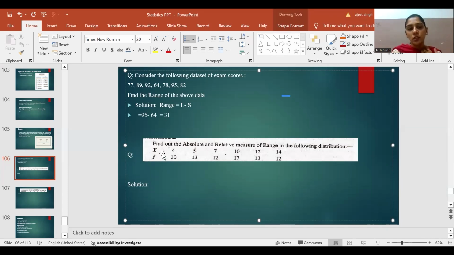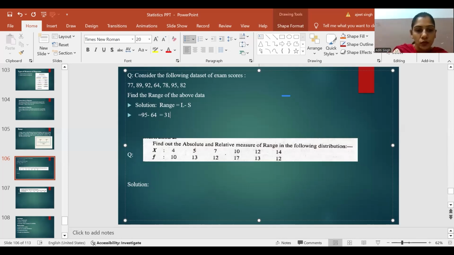We will calculate the coefficient in this next question. We have to find out the absolute and relative measure of range in the following distribution. The absolute measure is to calculate the range, and the relative measure is to calculate the coefficient of range, as in relative measures we calculate the coefficient of the different absolute measure methods.